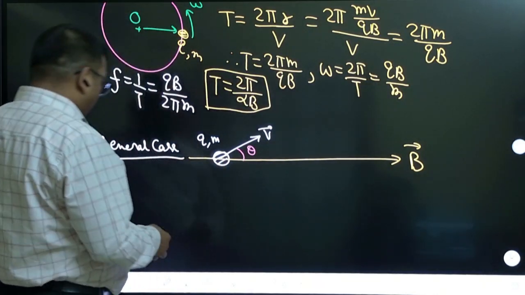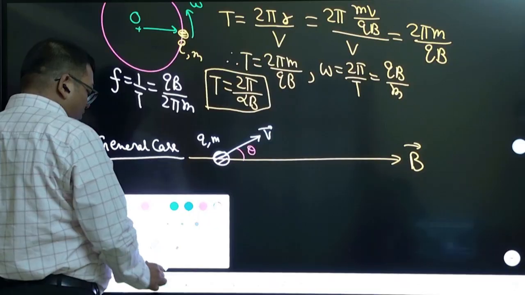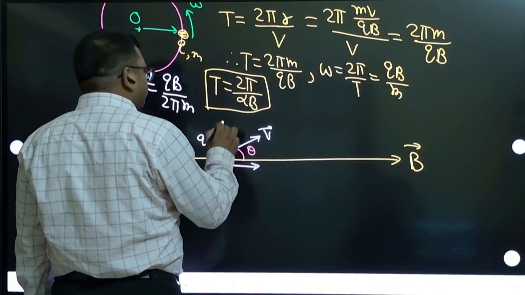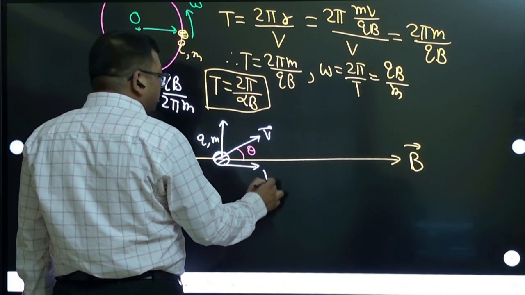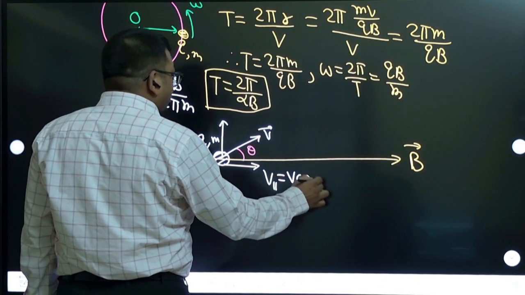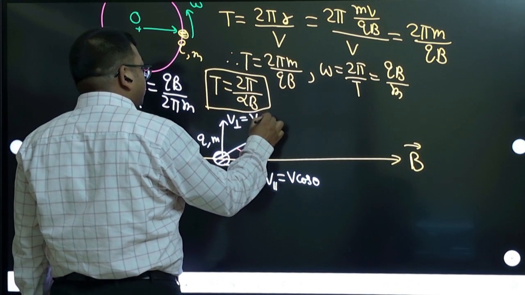Okay, but how to do calculation for this, we can break it into two parts. One velocity resolution will be along magnetic field, which is V parallel. V parallel is nothing but V cos theta, and another is V perpendicular, which is V sin theta.